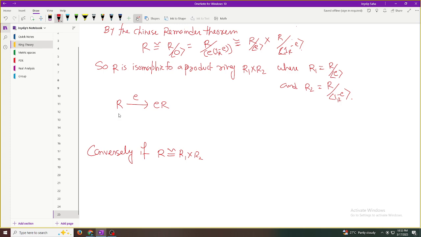ER multiplication is E. What is the kernel of the map x goes to Ex? The kernel of this map is those x such that Ex equals 0.